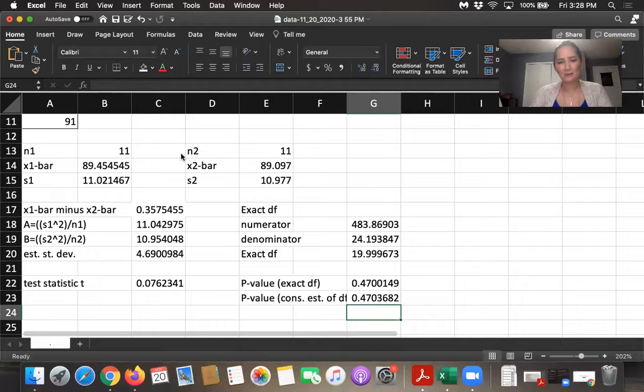See how similar they are? The exact p-value is 0.4700, and the p-value with the conservative estimate of the number of degrees of freedom is 0.4703. So the difference between them is about 0.0003.